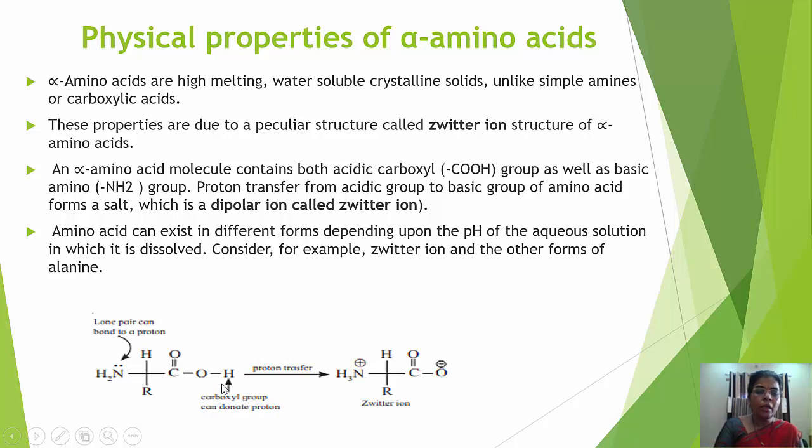The reaction between this basic group and this acidic group is carried out. Now we know that the NH2 group possesses a lone pair of electrons and therefore it can easily accept a proton, and therefore this carboxylic acid donates this H plus ion to this NH2 group to form NH3 plus and here COO minus. This ion is called Zwitter ion or dipolar ion.